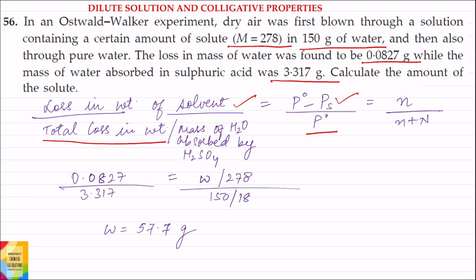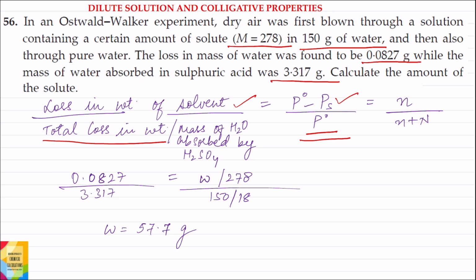So if we take the ratio, loss in weight of the solvent divided by total loss in weight or mass of water absorbed by sulfuric acid, we get the ratio lowering in vapor pressure divided by vapor pressure of pure solvent, and this is known as relative lowering of vapor pressure, and this is equal to mole fraction of solute.